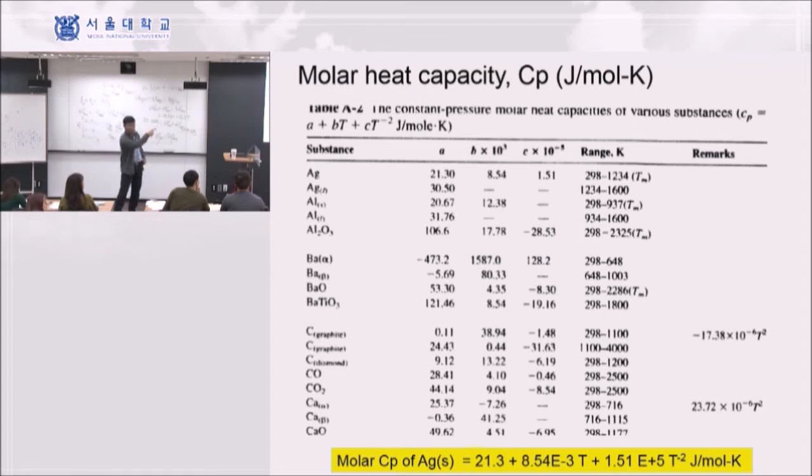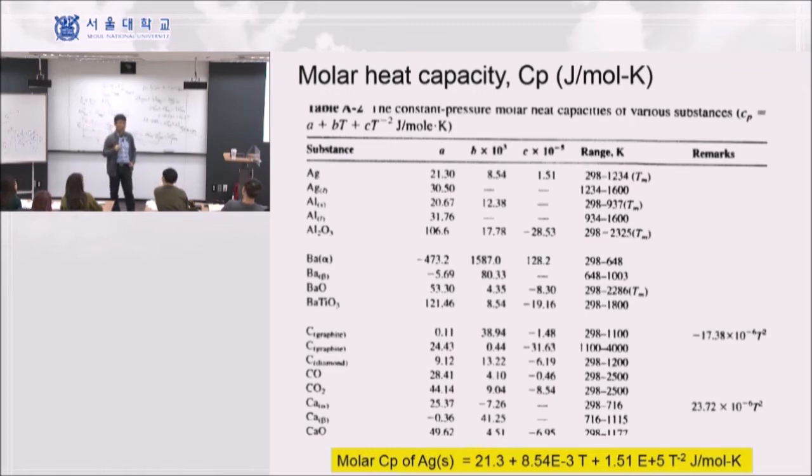And 1234, we said it's the melting temperature already. Okay? Above this temperature, theoretically, you cannot use this equation for the solid phase. However, also from the theoretical point of view, we know that heat capacity cannot change suddenly. So it should have a certain shape, even outside of that range.